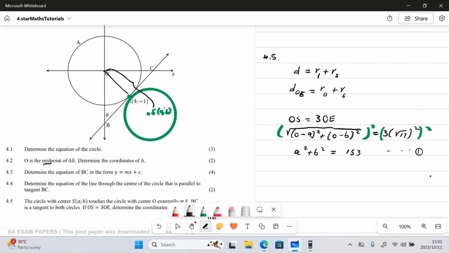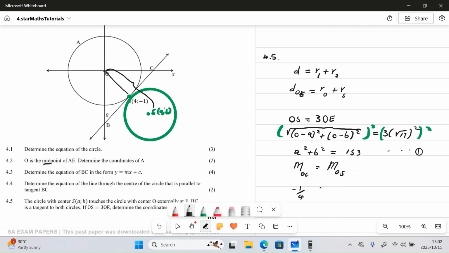Then remember, we can also use the concept of the gradient, because the gradient of OE is equal to the gradient of OS, since these are points on the same straight line. So let's use that information. The gradient of OE equals the gradient of OS. What is the gradient of OE? Remember, that was negative 1 over 4.